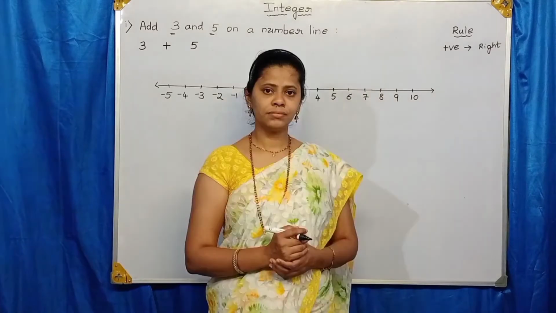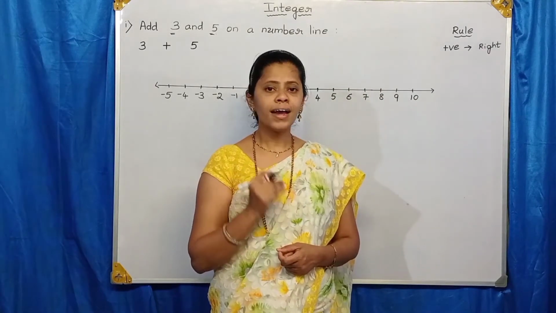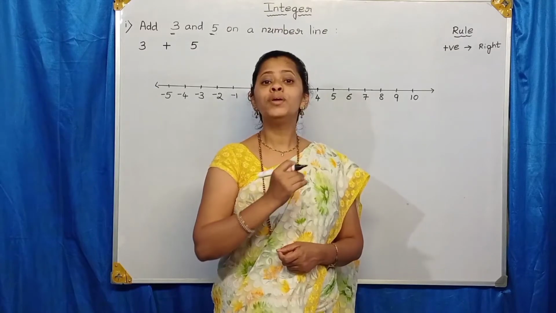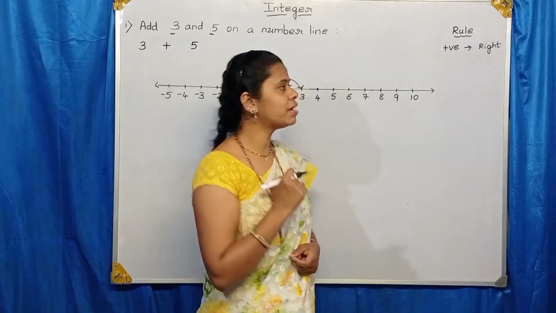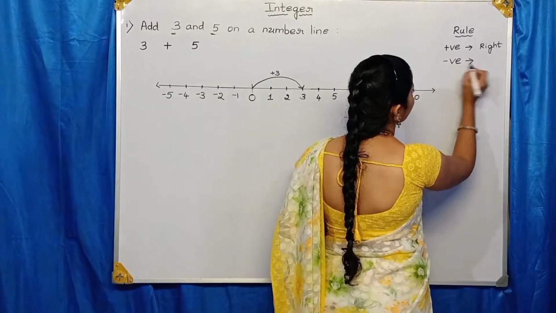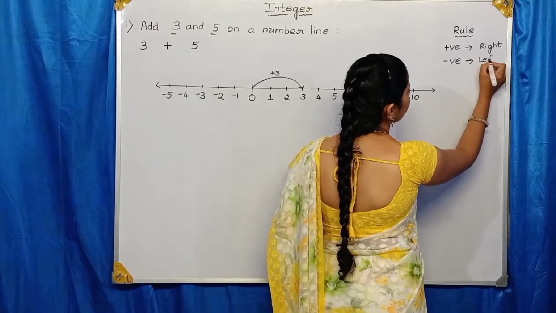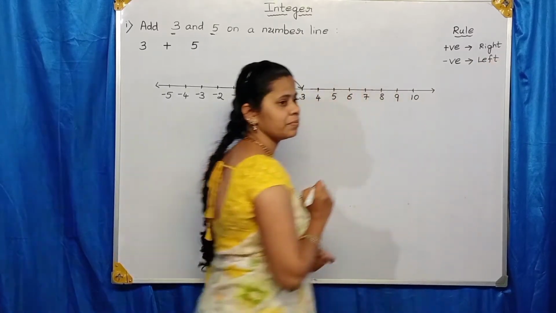Okay? And the second rule says, while adding a negative integer, we move to the left on a number line.